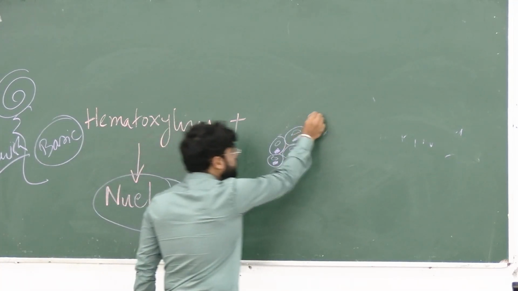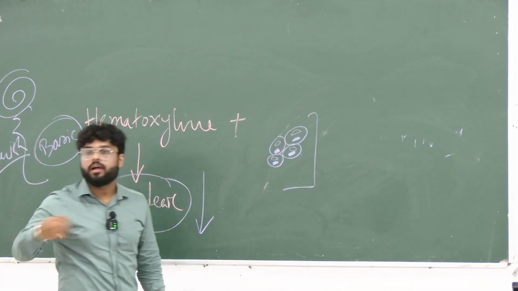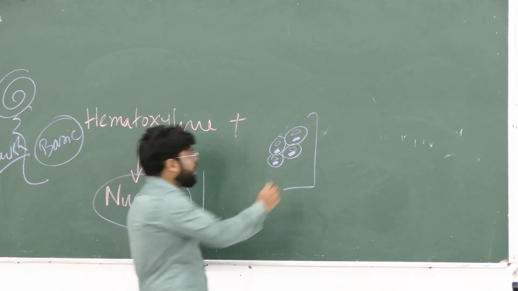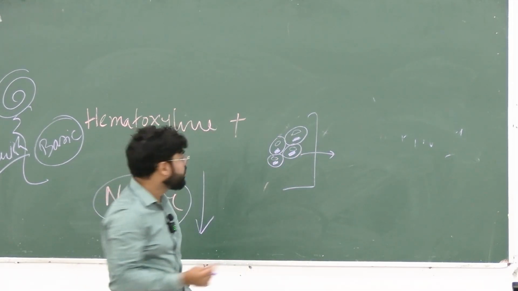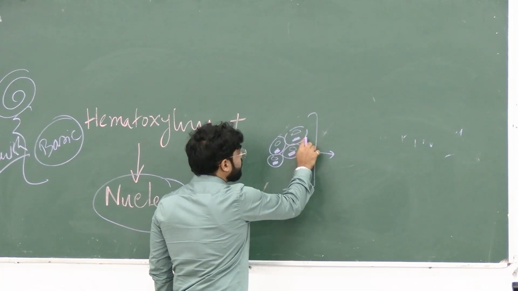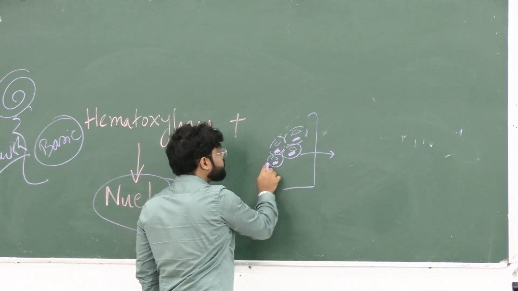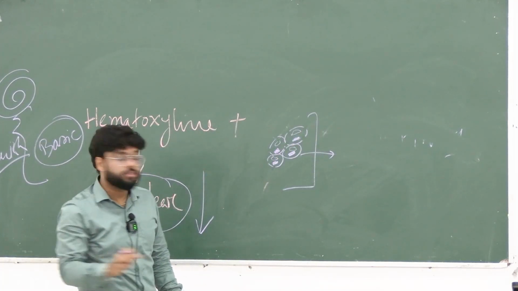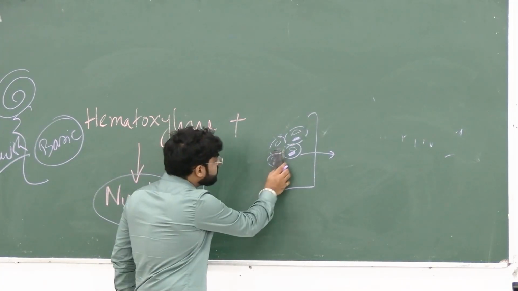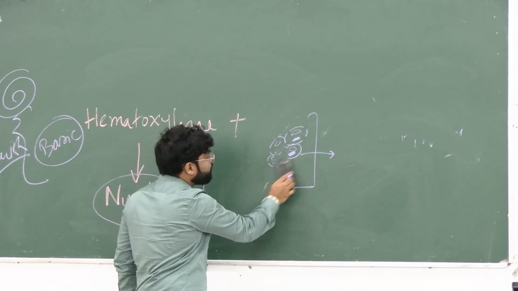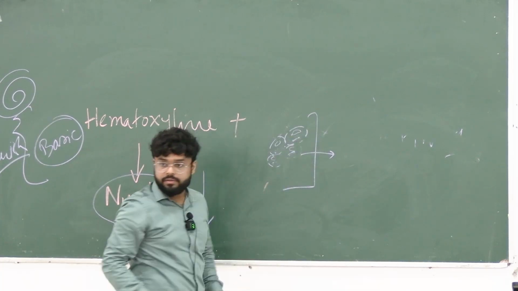Now this group of cells underwent death, and it is followed by liberation of different hydrolytic enzymes. So there will be damage to the plasma membrane, damage to the organelles, and of course there will be no nuclear membrane.